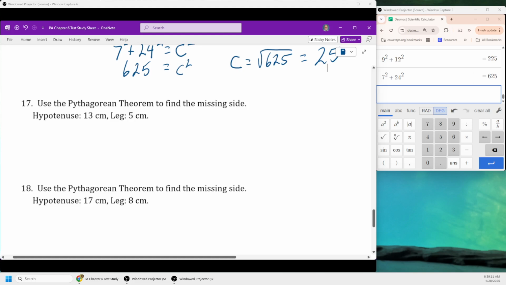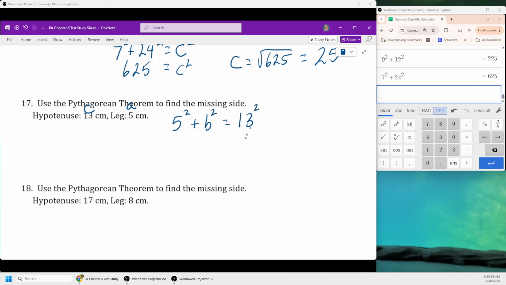Number 17. Find the missing side. This time they give us the hypotenuse, so that's C, and one of the legs, A. So we're going to go 5 squared, A squared plus B squared, that's what we don't know, equals C squared.